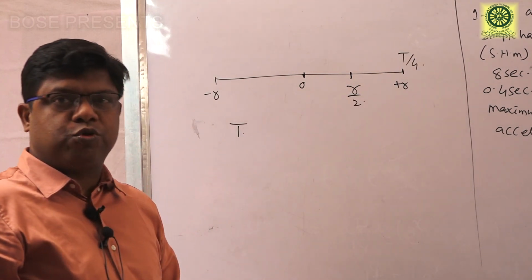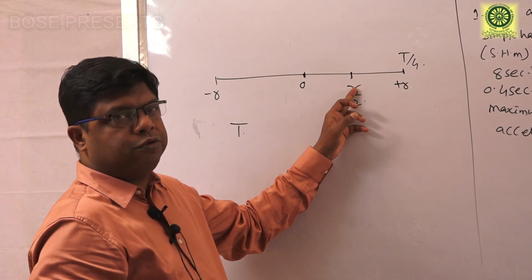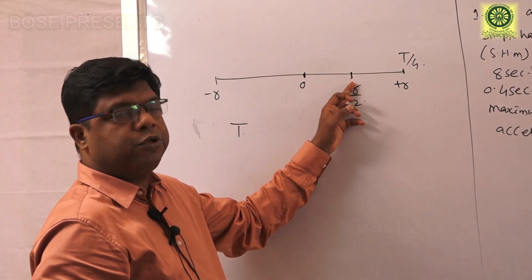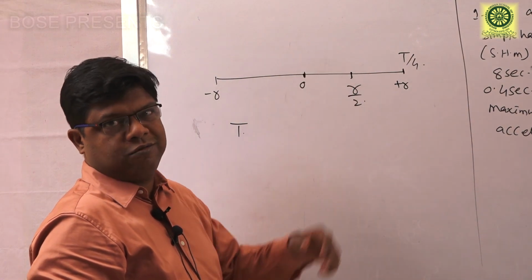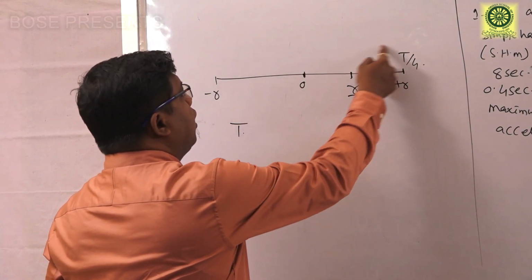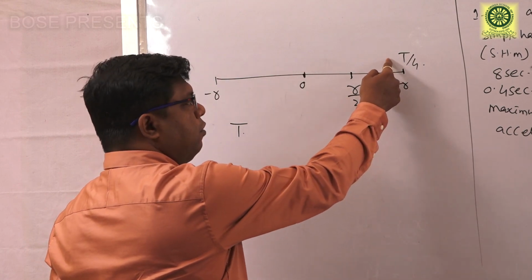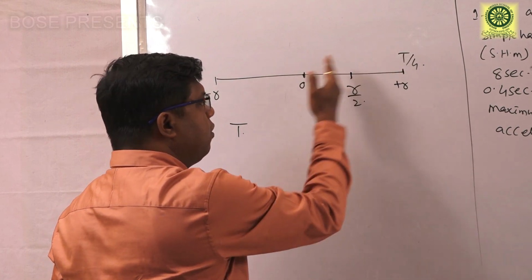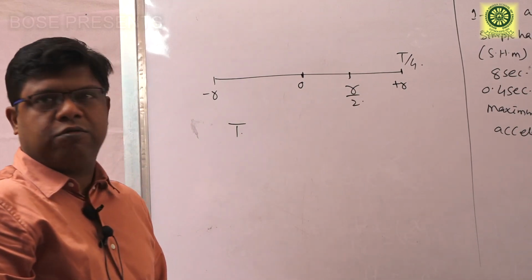But if you ask the students what is the time taken from mean position to half of the amplitude, some students will say T by 8, because this is T, this is T by 2, this is T by 4, so half of the amplitude is T by 8. But this is not correct.